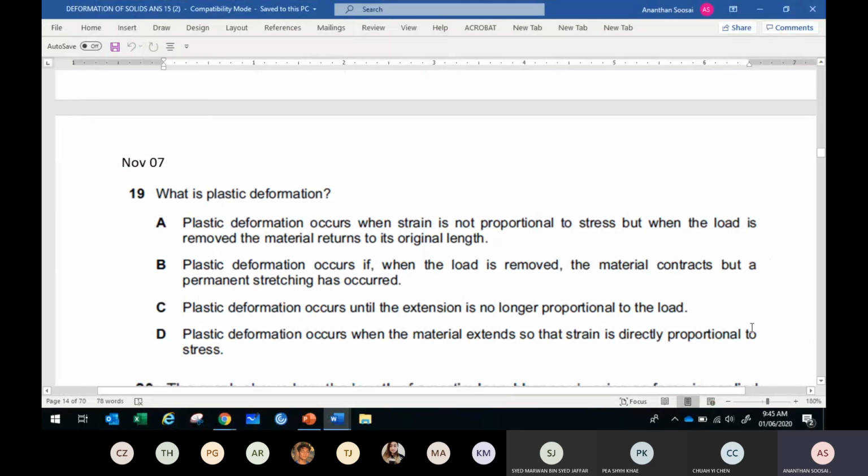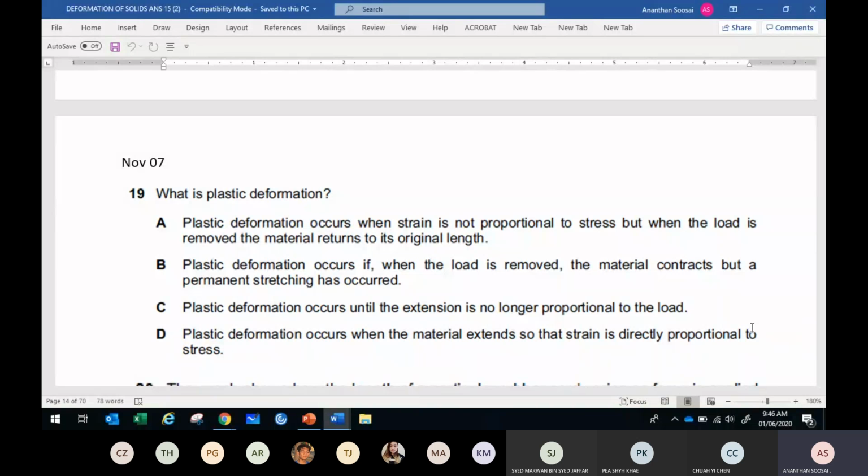What is plastic deformation? Yes, B. All of you are giving B. Good. So plastic deformation occurs, the B answer.